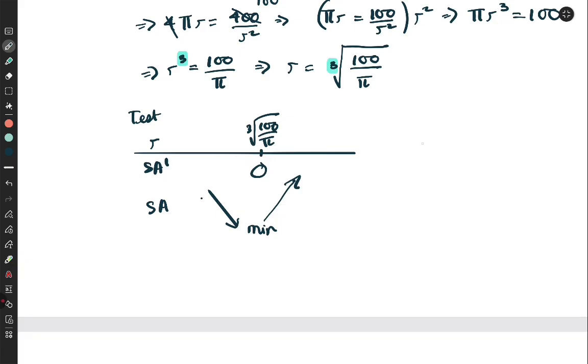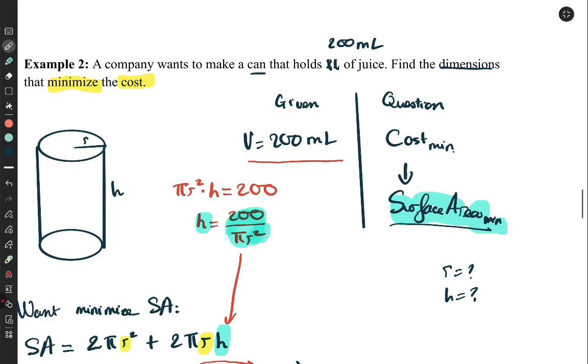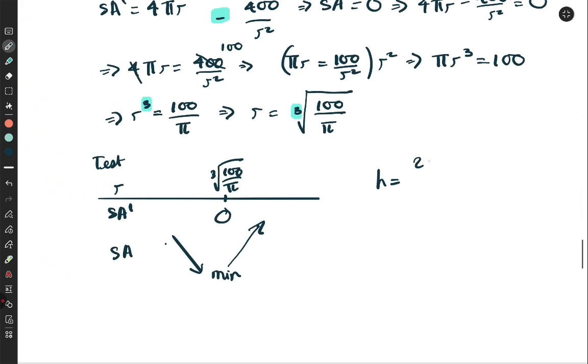Okay, and then the height. Find the height. Where's the height? The height is 200 divided by pi r squared. I don't need you to simplify, so put the whole thing inside.